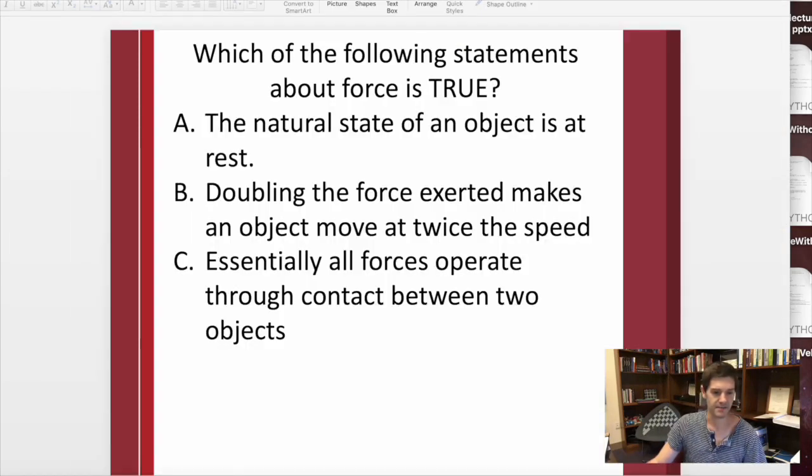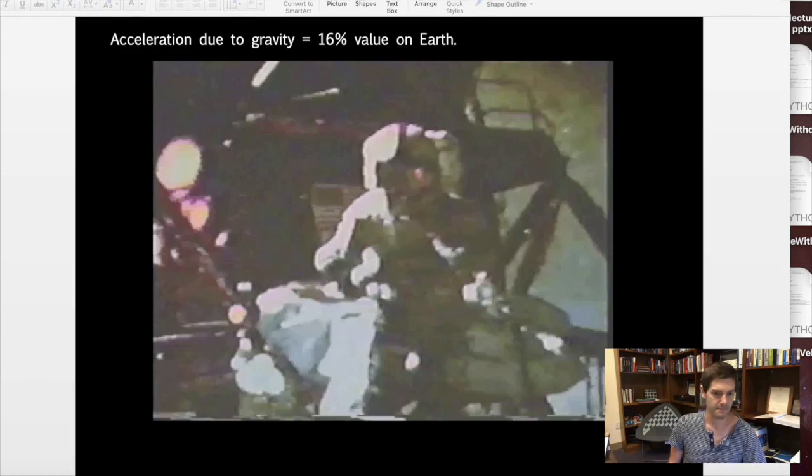So that was the idea when we looked at videos like this of astronauts dropping hammers and feathers on the moon, that both of them were able to hit the ground at the same time. In this case, with the moon, they were not accelerating towards the ground at 9.8 meters per second squared. They were accelerating towards the ground at about 16% of that, because the moon's gravitational pull is much weaker than the Earth's.